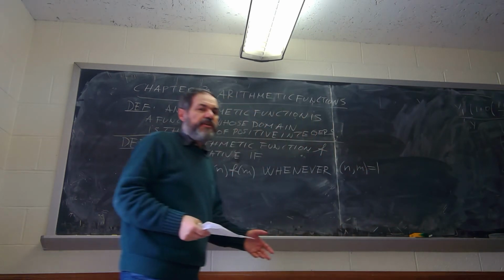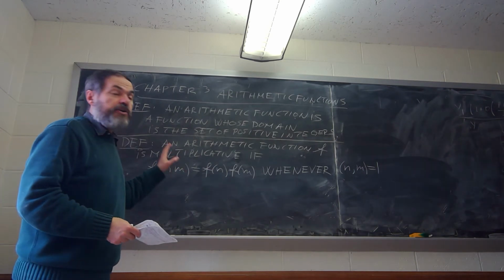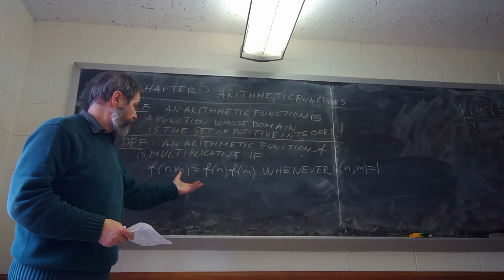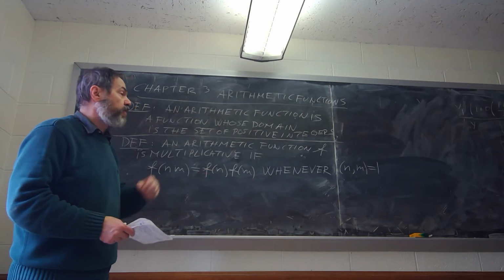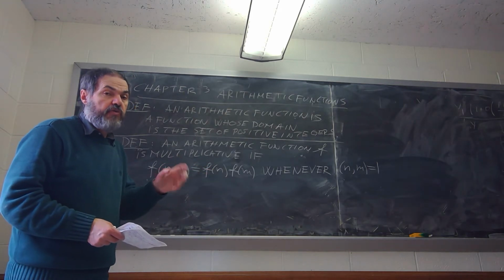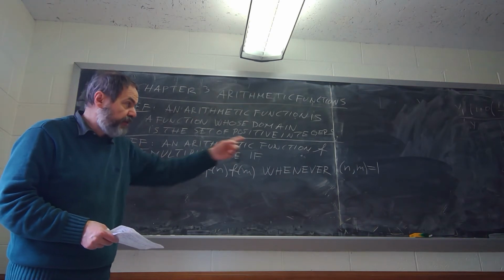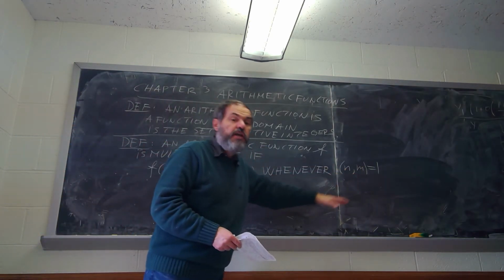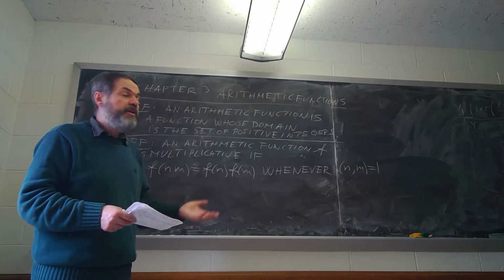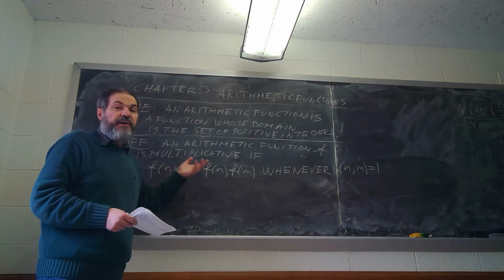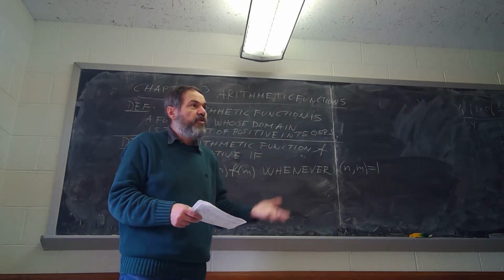So what this means is that if a function satisfies this property, that f of m times n is equal to f of n times f of m for all pairs of numbers m and n that are relatively prime, so the greatest common divisor is 1, then we already call this a multiplicative function, even if the property fails for some of the pairs n and m in case they are not relatively prime.